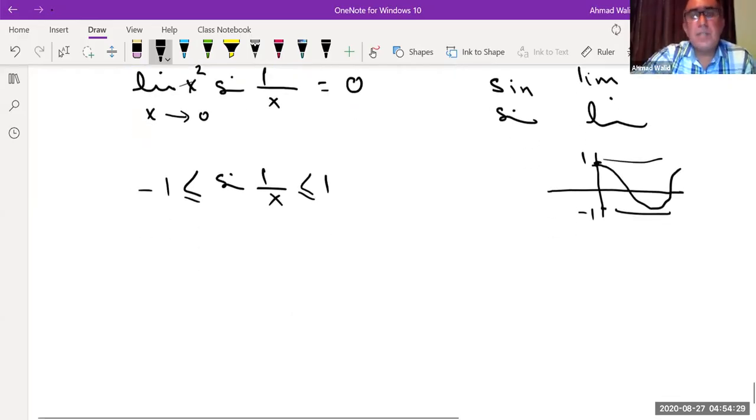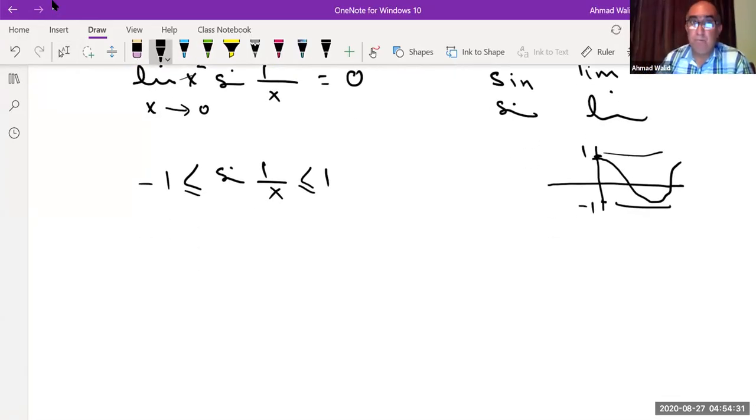Now, let's solve this inequality. To solve this, can I multiply both sides of this inequality by x squared?